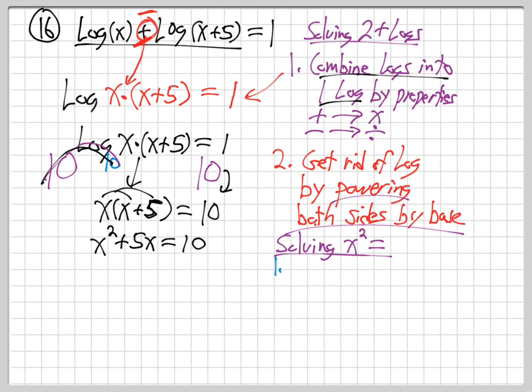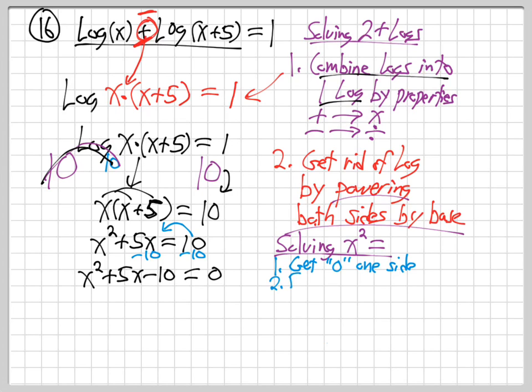Step 1, get a 0 on one side. So I'm going to jump this 10 over here, and it's going to become x squared plus 5x minus 10. Remember, when things jump to the other side, they change their sign. Or really, I just subtracted 10 from both sides of the equal sign. Same thing.